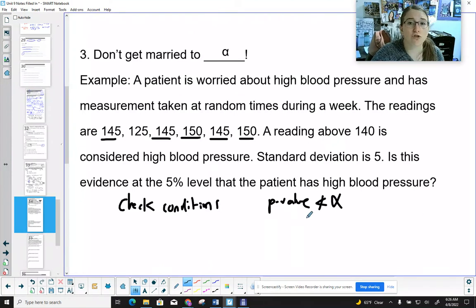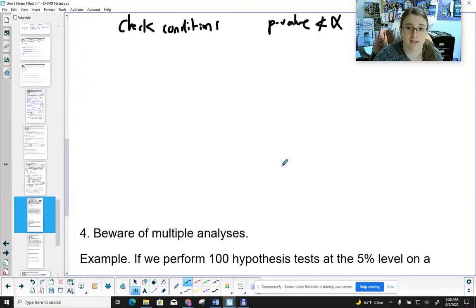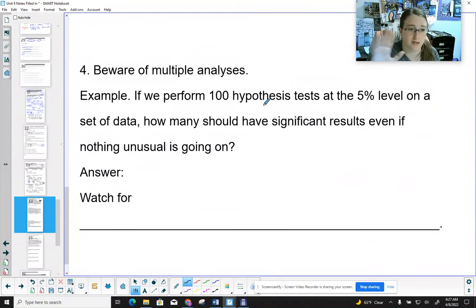If you come to a conclusion on the test, even if the conditions are not met, that's wrong. So be very careful to check your conditions, make sure that they're met. Because even if you think you've come to a conclusion, you're like, look, I did the math. I showed this. It doesn't matter because the conditions aren't met. Whether it's less than alpha or not less than alpha, the conditions have to be met.